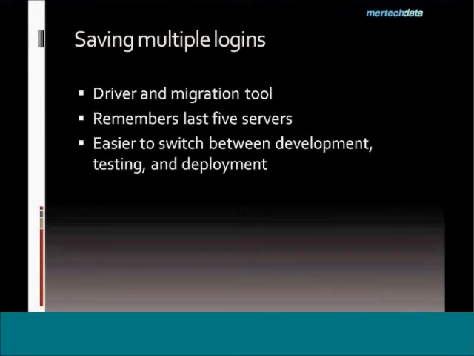So if you're switching between a development and testing server, or testing and deployment, you don't have to retype the server name and the username and password, especially if they're different all the time. Now you can just drop down the server name, and it will have the last five servers in there. It makes it a lot easier to work with multiple servers, and I really like this feature.